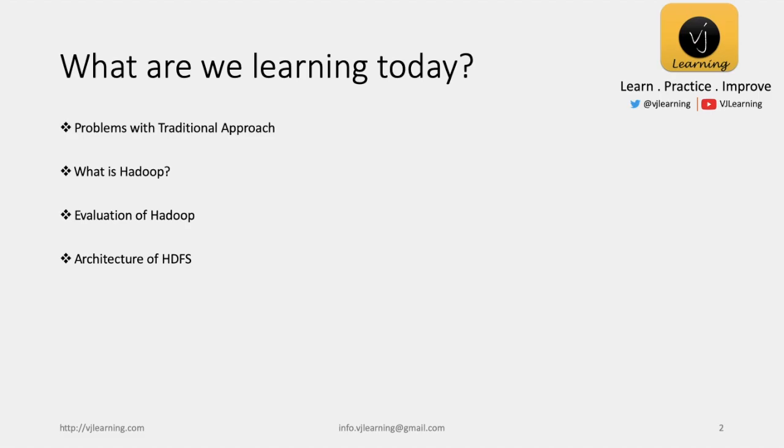We'll also learn a little bit more about HDFS architecture, and then some of the common Hadoop components. I'm not going to cover all of them, but we'll see some in this video. We'll also look at the popular vendors giving us Hadoop distributions in the market today. And finally, let's have a quick summary of what we learned today.